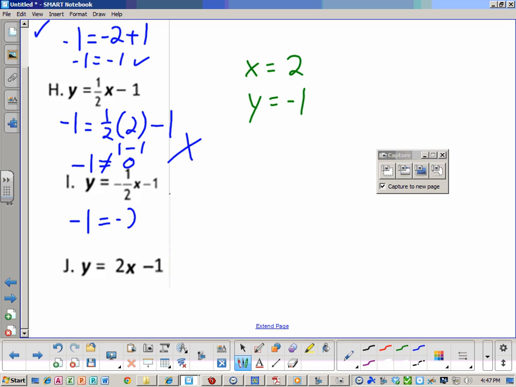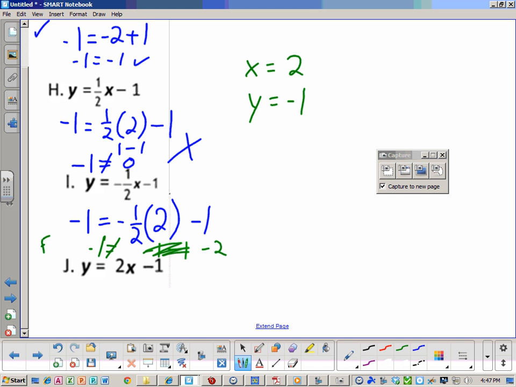Negative 1 half times my x, which is 2, minus 1. Negative 1 half times 2 is a negative 1. Minus 1 is equal to negative 1. Is that true? No, it's not, because this is really just equal to negative 2.